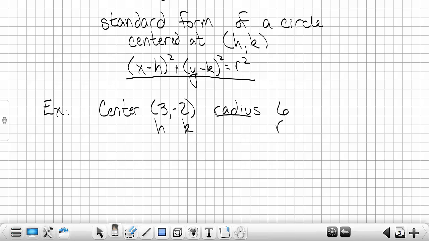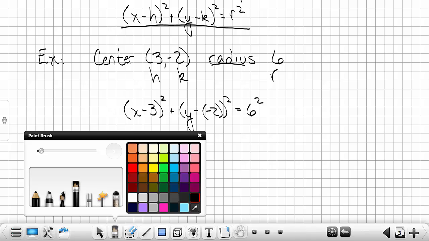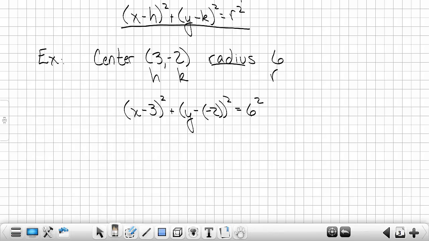So I get (x minus 3) squared plus (y minus negative 2) squared equals 6 squared. I'll do one step of simplification, and then I'm done. Nothing I can do with the first half. Meadow, how can I simplify the next part of it?